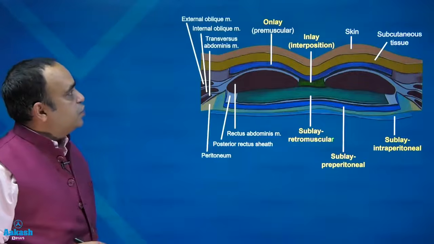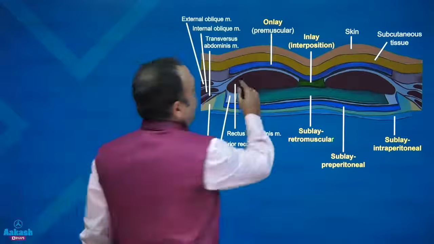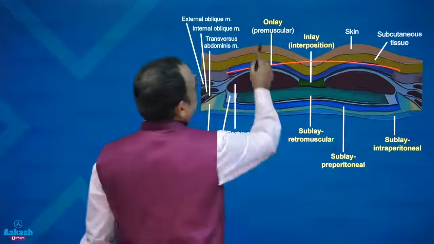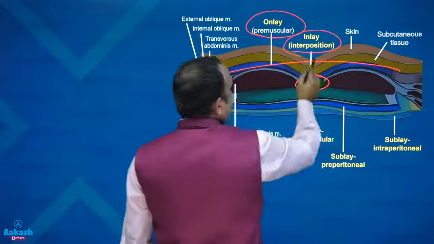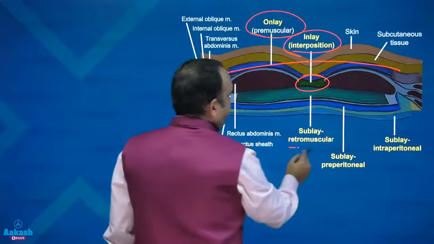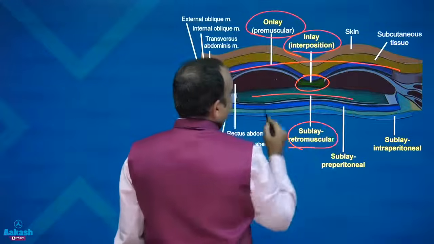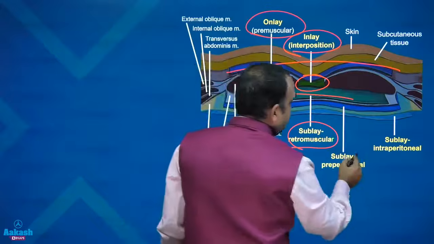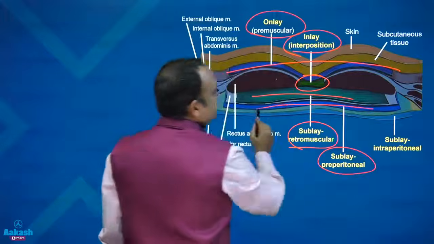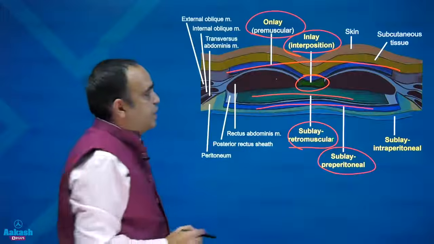So this is the picture showing you different positions. If you place it outside the rectus muscle, this is onlay. If you place it in the defect, this is inlay or interposition. Sublay retromuscular, that is behind the rectus and between the posterior rectus sheath. Then sublay pre-peritoneal, that is between the peritoneum and the posterior rectus sheath.